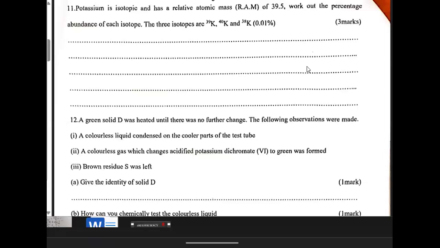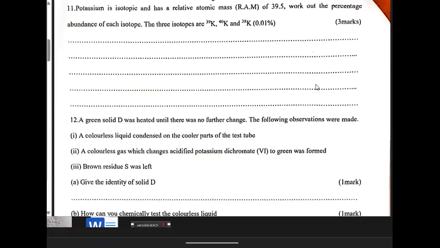To calculate the relative atomic mass, take the mass number of the first isotope, which is 39, times its relative percentage abundance, plus the mass number 40 times its relative percentage abundance, plus the mass number of the other isotope 38, times its relative percentage abundance.